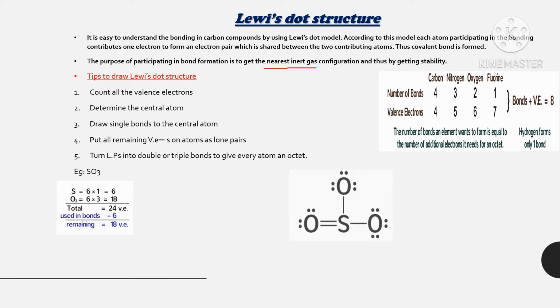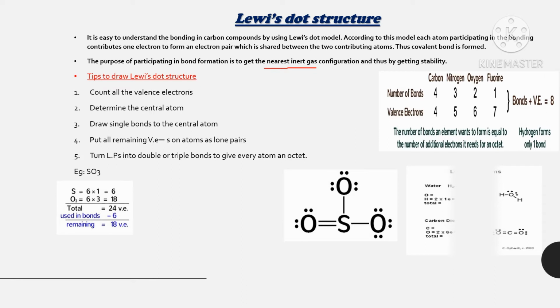Suppose we take the example SO3, that is sulfur trioxide. In this sulfur trioxide, first count all the valency electrons. Sulfur has 6 valency electrons, and the number of sulfur atoms is only 1.